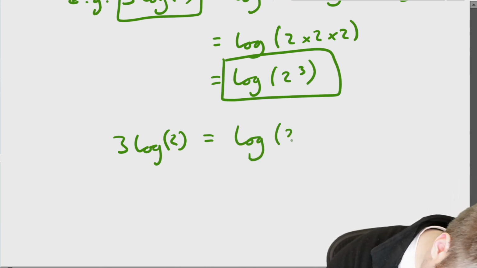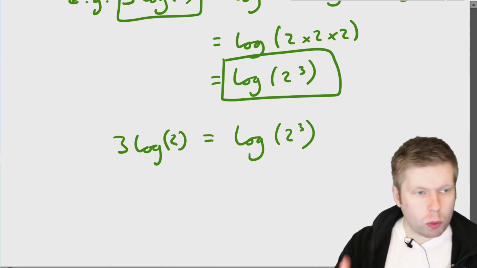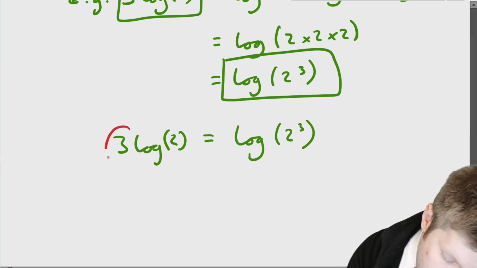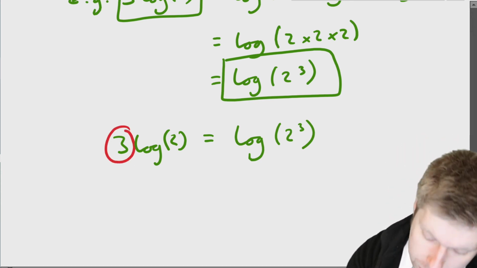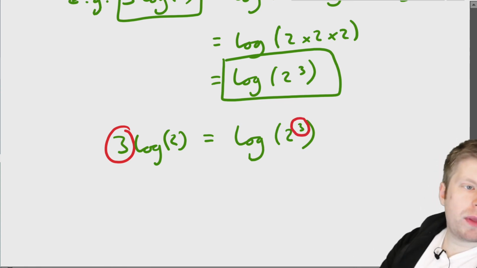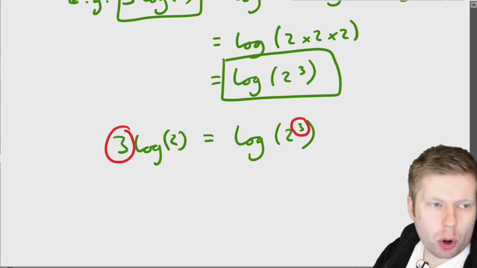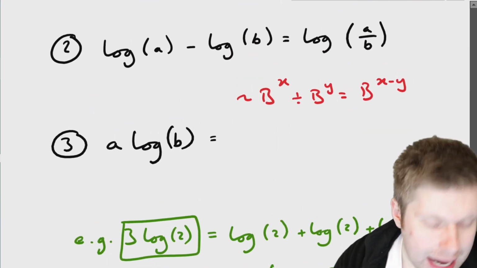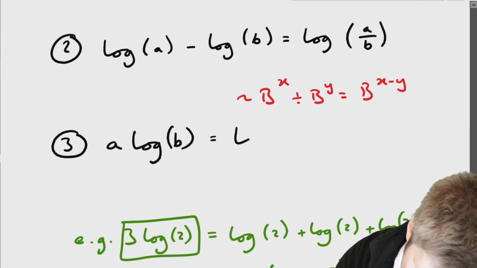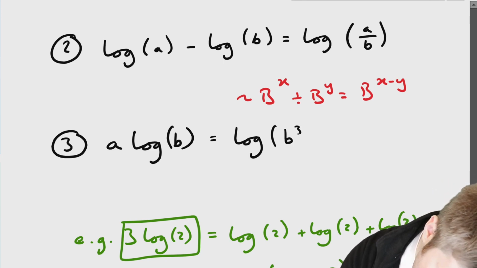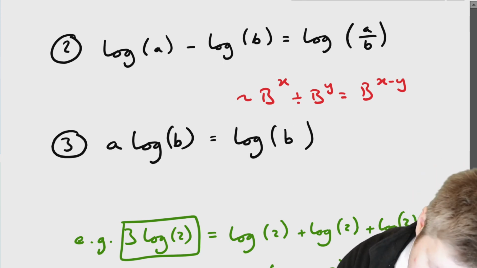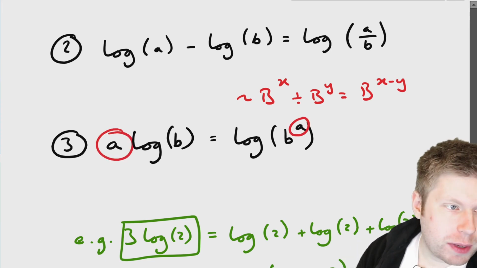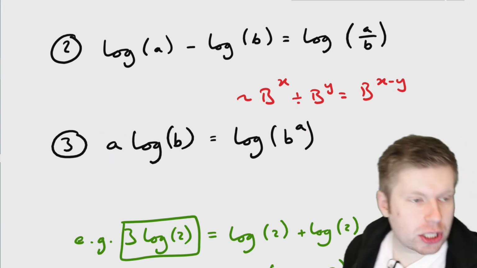So look what's happened here: the log and the 2 have stayed the same, but the 3, which was originally out the front, has now climbed up to become the power of the thing which I'm taking the logarithm of. So in general, a times log of b should just be equal to log of b to the power of a, because my a is here and my power is going to be up there. So in other words, the power just climbs up.